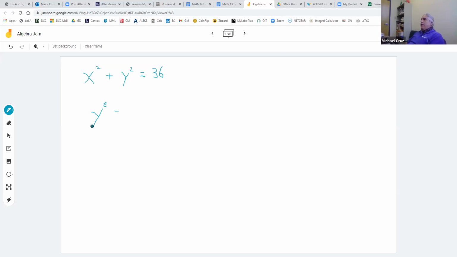And this is why it fails. y squared equals 36 minus x squared. So when we try to solve for y, taking the square root of both sides, you got to throw in this plus or minus. Because remember, for anything that's squared, you're going to have two possible scenarios.